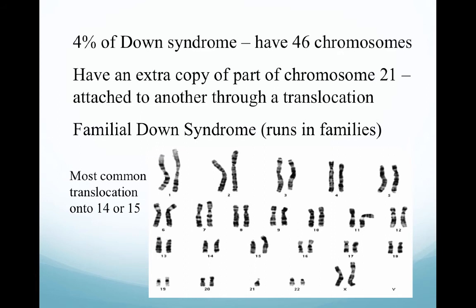So we can actually see a part of chromosome 21 attaching to part of one of the chromosome 15s. So that will still result in an individual with Down syndrome, but this is what we call familial Down syndrome, because as these individuals become pregnant or procreate, they're going to pass on that translocation on chromosome 15.